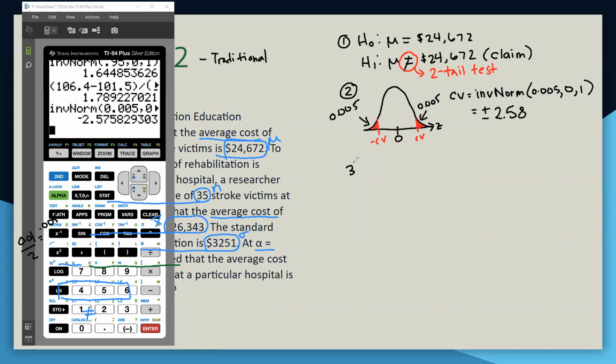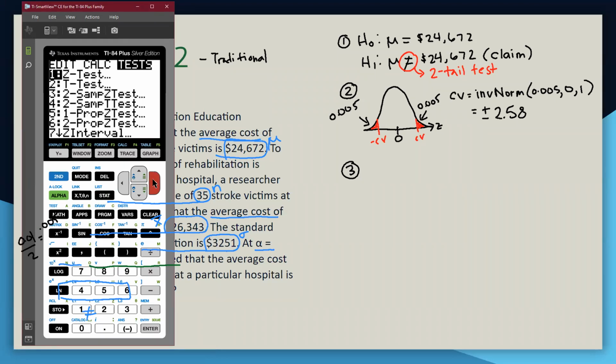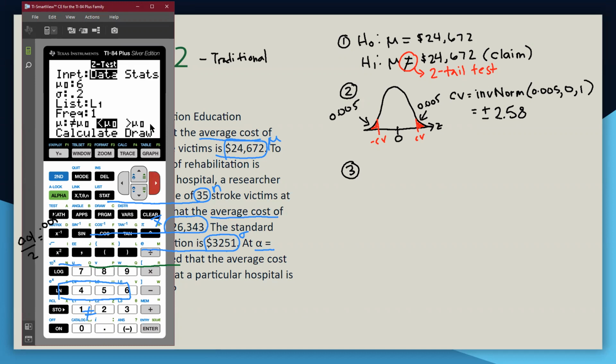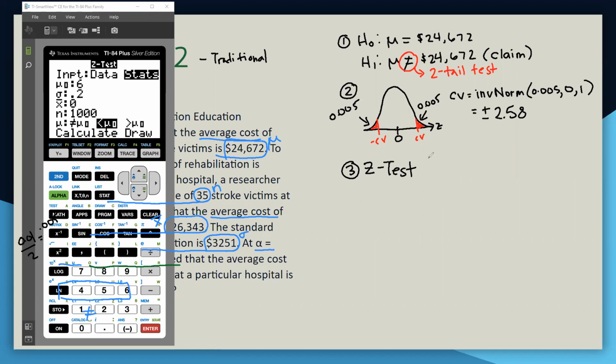Okay, next step. We're going to use our calculator to find our test value. So that means going STAT, going over to the TEST menu, and then we want a z-test. In this case, I'm given raw stats about the problem. So I'm going to click that Stats button and it's going to ask me for some information. Here's how I'm going to write that. To show my work, I'm going to write the name of the function call. And then I'm going to list the information as I enter it in the problem.